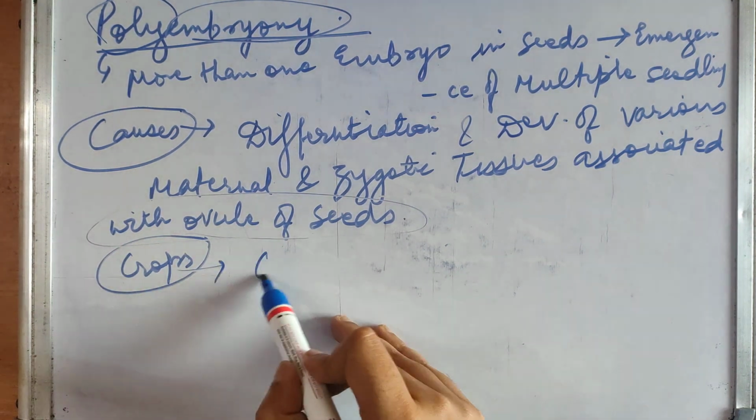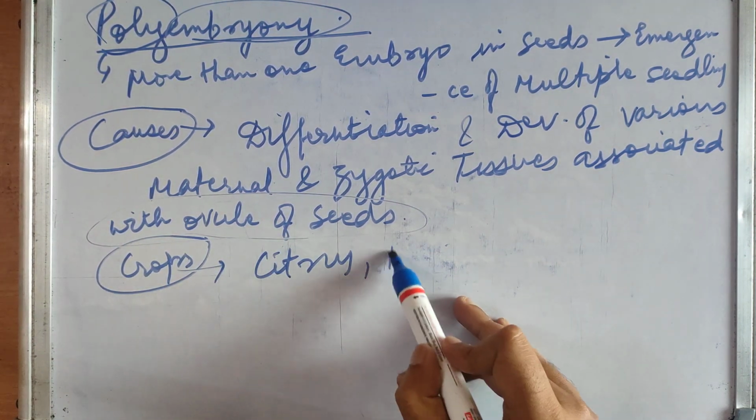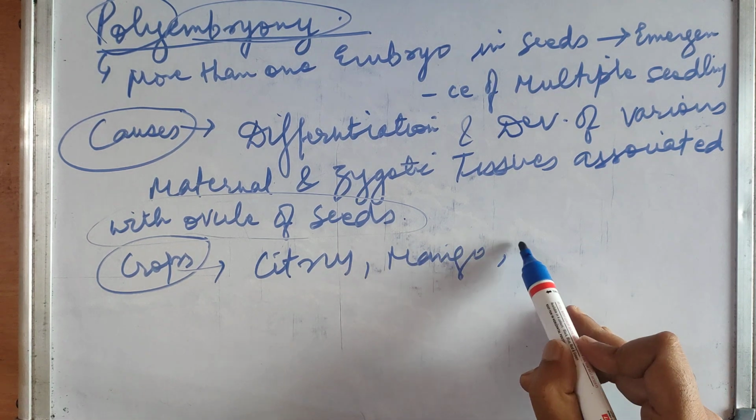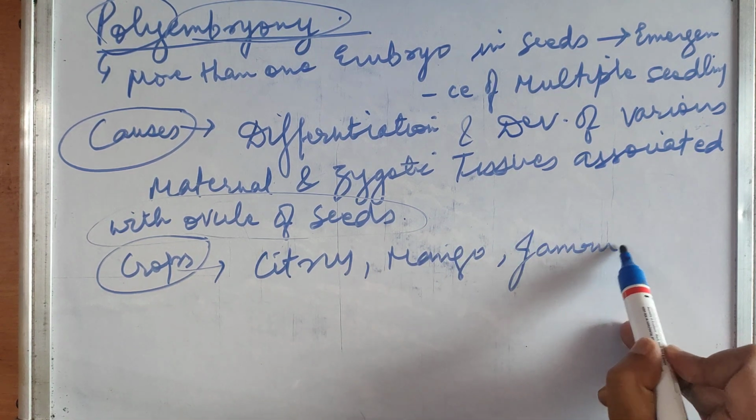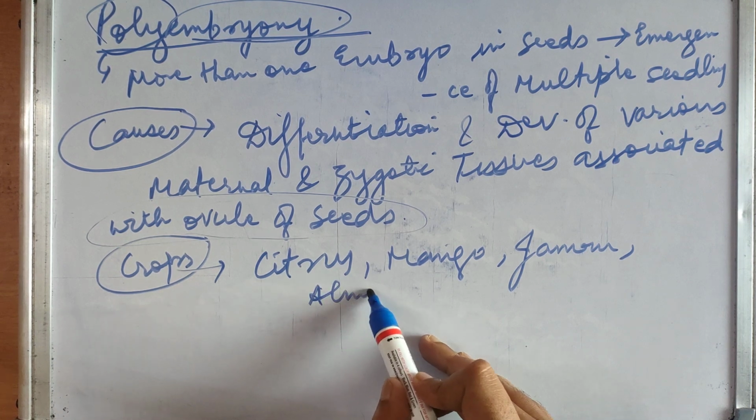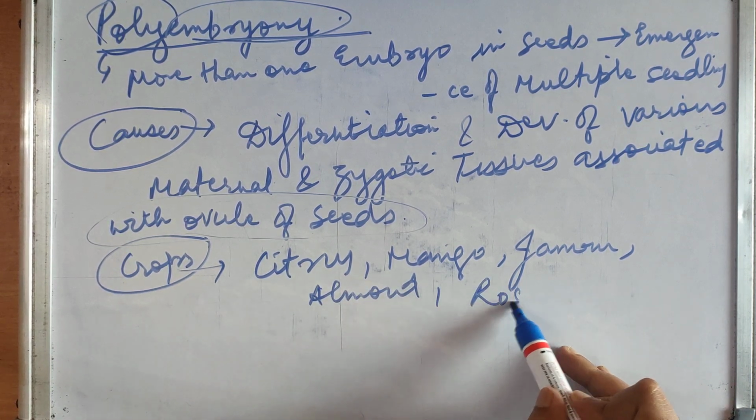The crops showing polyembryony are citrus, mango, jamun, almond, rose apple, etc.